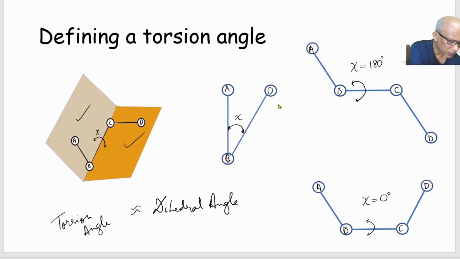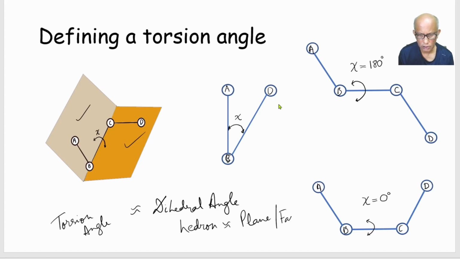Now these 2 planes need not be coplanar or embedded in a larger plane. They can have an angle between them, and that particular angle out here is the dihedral angle or the torsion angle. We call it dihedral angle because the word hedron, from which it comes, in Greek refers to a plane and sometimes to a face as well.